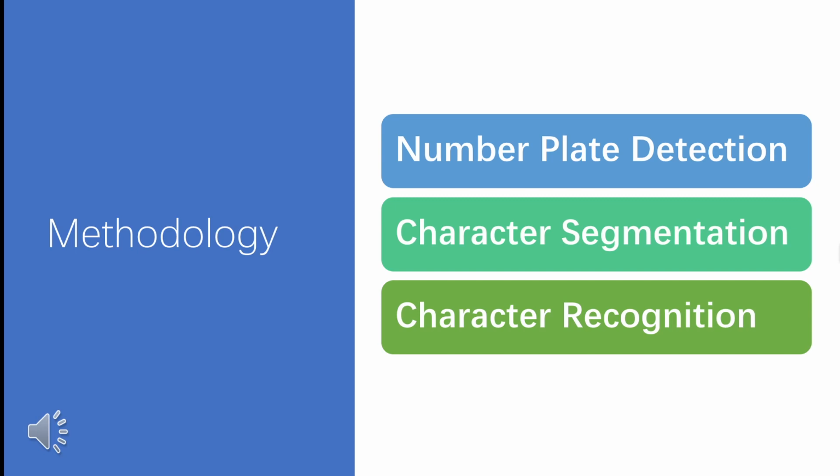The accuracy can be improved if we know the exact size, color, and approximate location of the number plate. Normally, the detection algorithm is trained based on the position of the camera and the type of number plate used in that particular area.